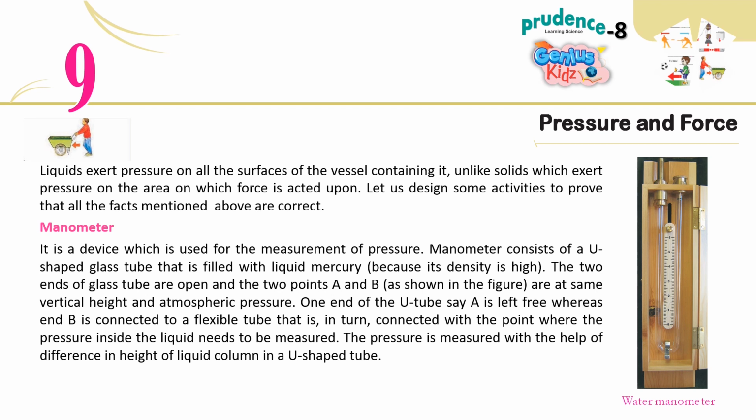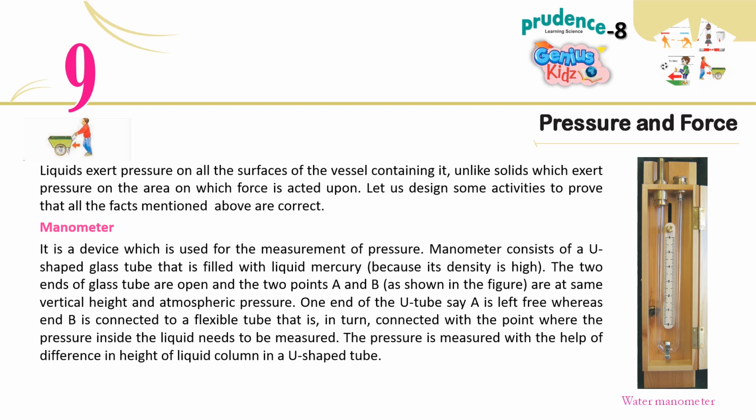Let us design some activities to prove that all the facts mentioned above are correct. Manometer. It is a device which is used for the measurement of pressure. Manometer consists of a U-shaped glass tube that is filled with liquid mercury because its density is high.